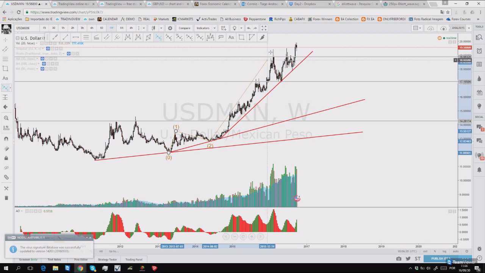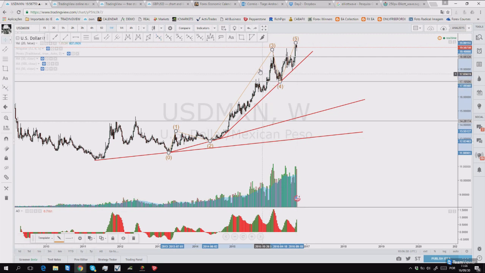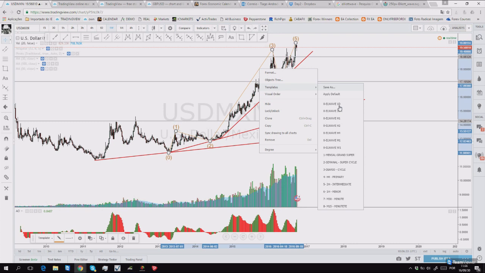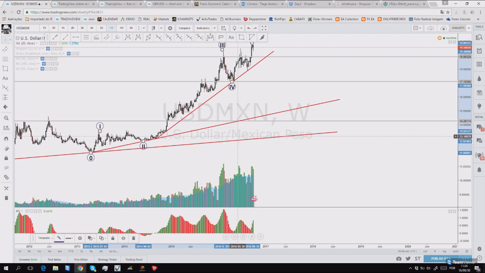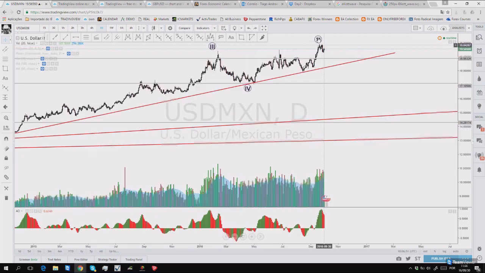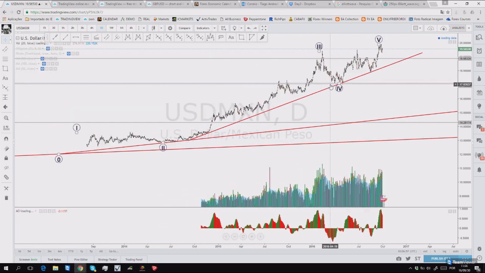Actually, it could be a triangle correction. Wave 3, wave 4, and wave 5. So wave 5 could be here. We don't know if this is finished. We're going to try and see if it's finished a little further.